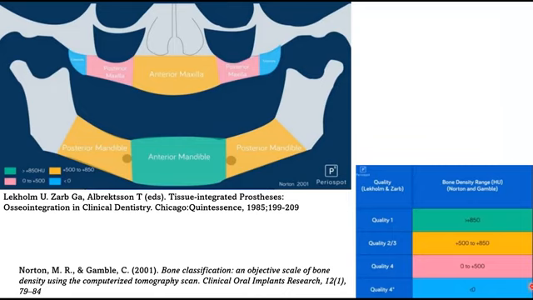They concluded that the mean density value for the anterior mandible is greater than 950 Hounsfield units, for the anterior maxilla and the posterior mandible it is between 650 and 700 Hounsfield units, whereas in the posterior maxillary region, that is the tuberosity region, the Hounsfield unit is less than 0.